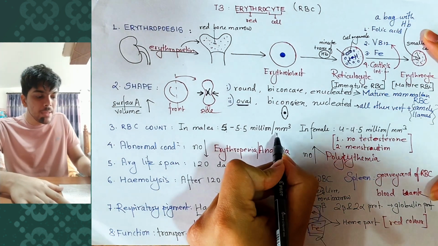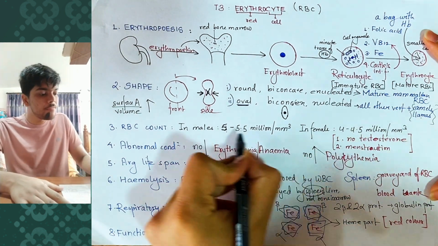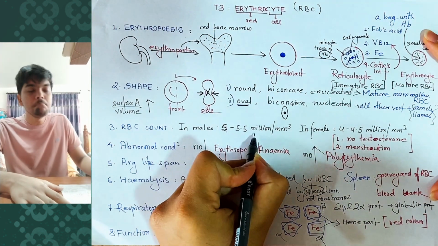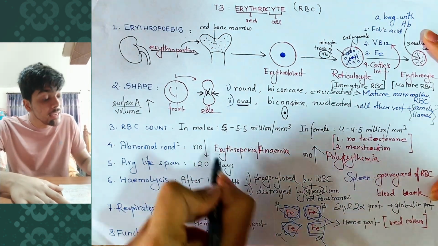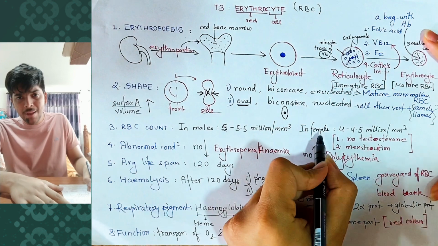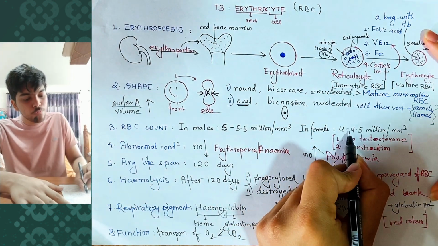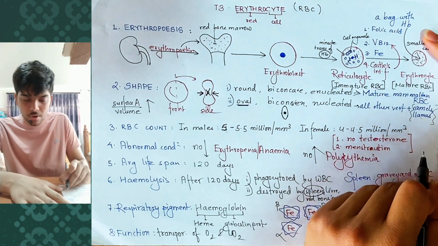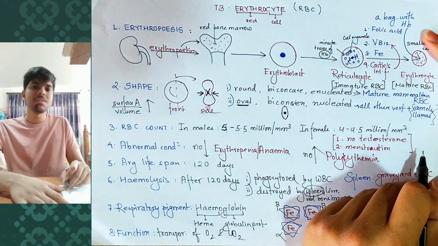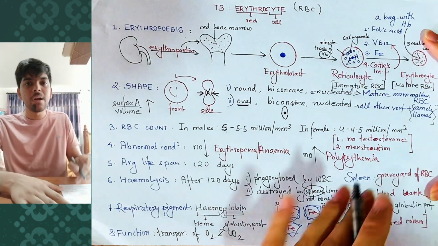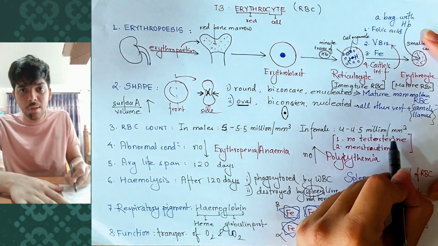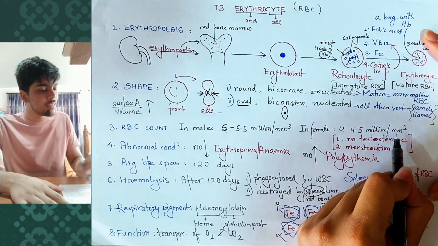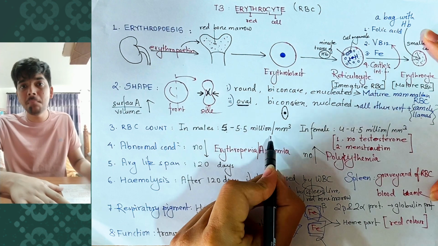So 1 cubic millimeter of blood contains 5 to 5.5 million red blood cells in males. In females, however, it's 4 to 4.5 million red blood cells per cubic millimeter of blood. The question arises, why is the number of red blood cells found in females much less than the number found in males?